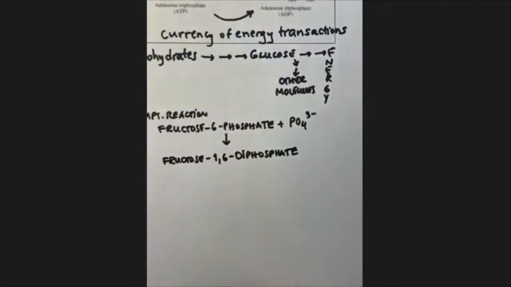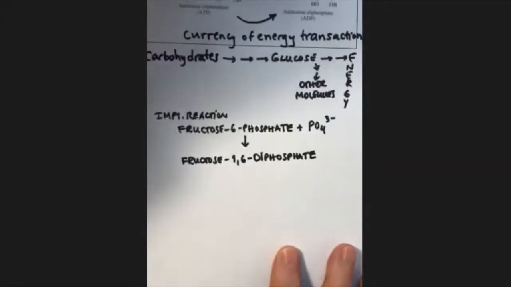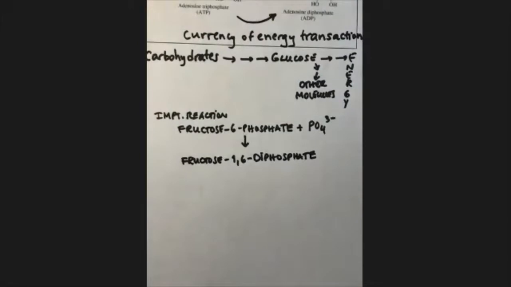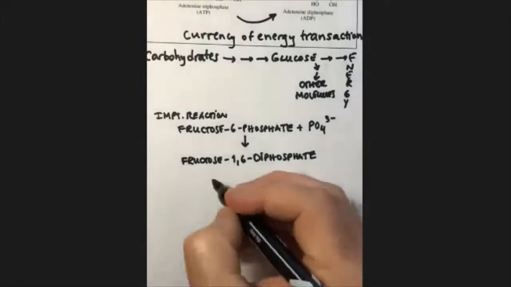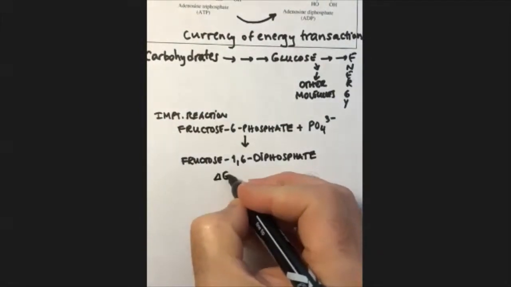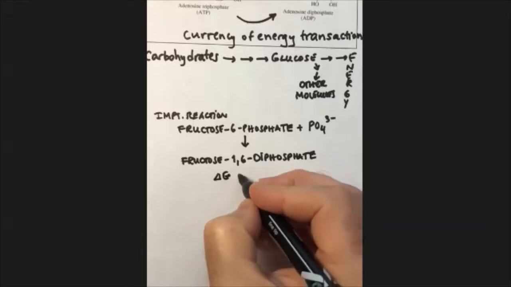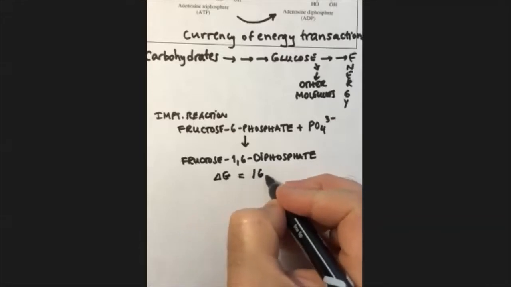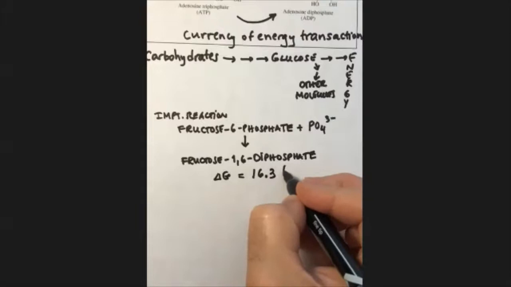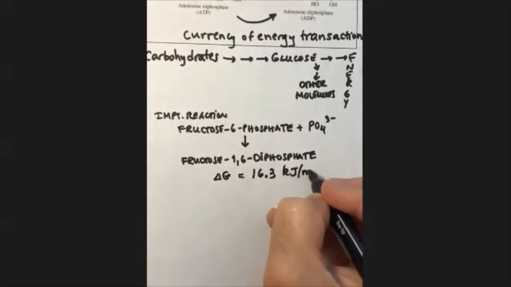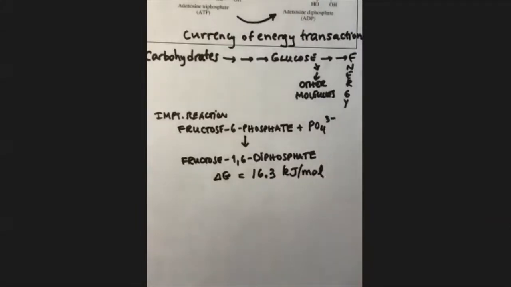Now, here is the problem with this reaction that is so important. The problem with this reaction is that it is not spontaneous. It has a delta G that is 16.3 kilojoules per mole. In other words, yes, it is positive.